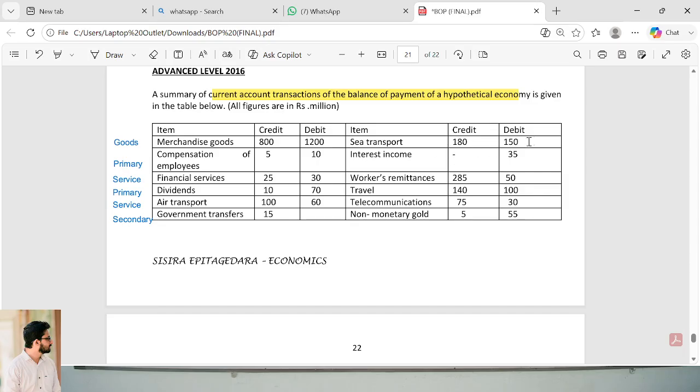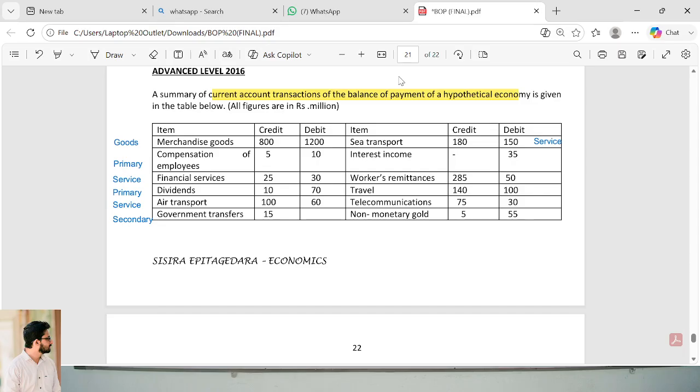It is part of transport services, so it goes to the service account. You can see we have been given many different services. Next, interest income.